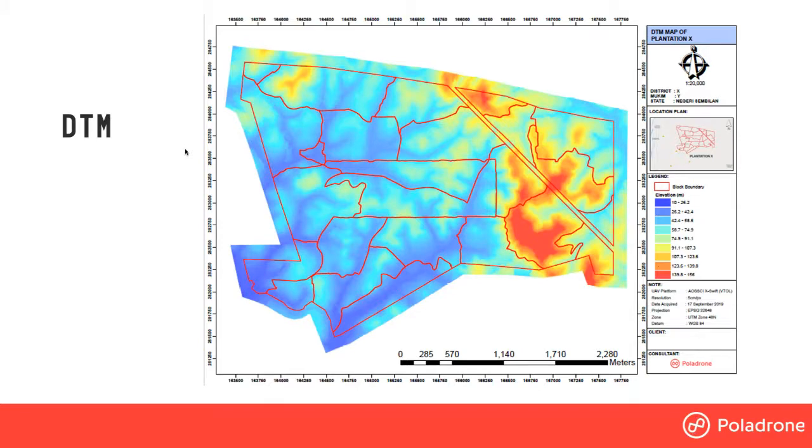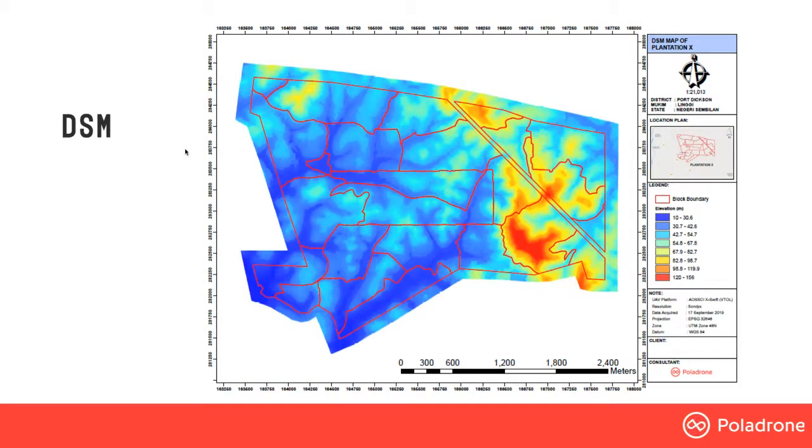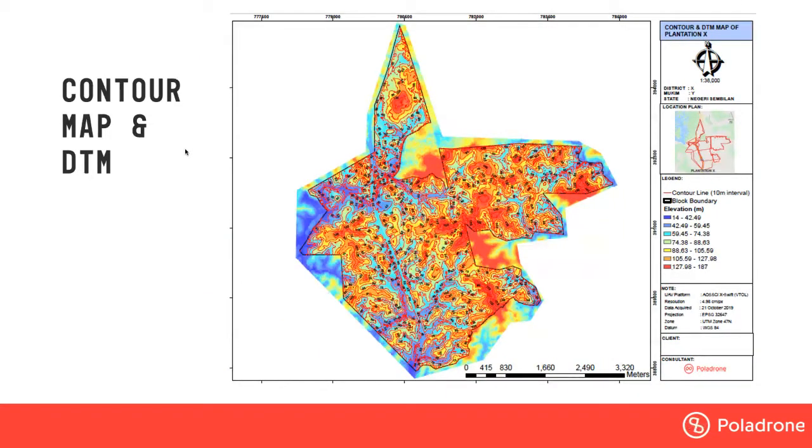Then the digital surface map is similar, with different colors showing different heights of the land as well. These are some of the outputs generated by our team. You can also do a combination of the contour map and DTM map together, something like this.